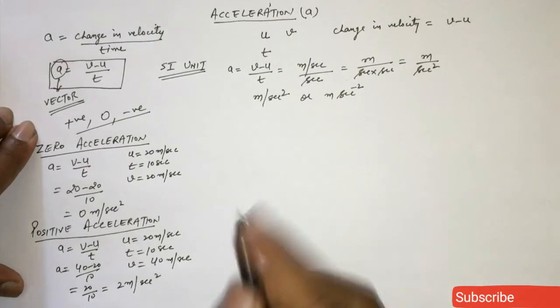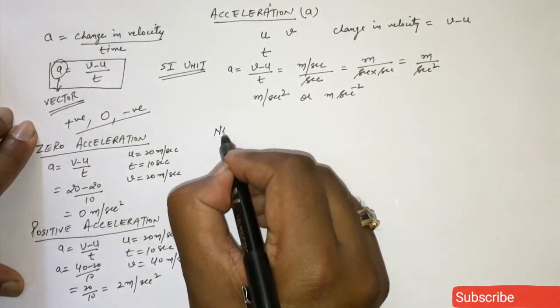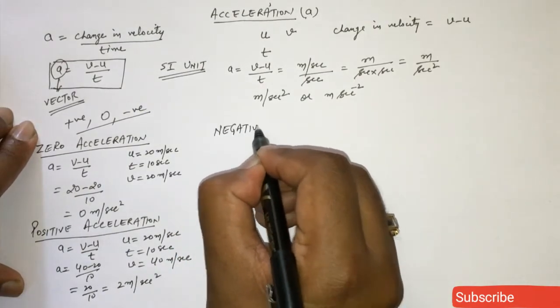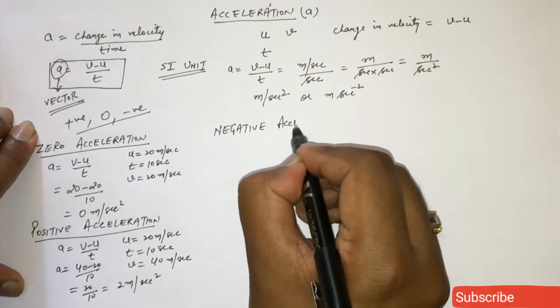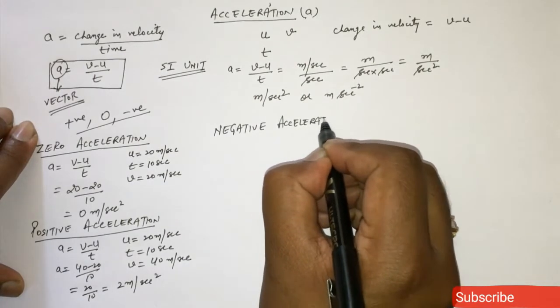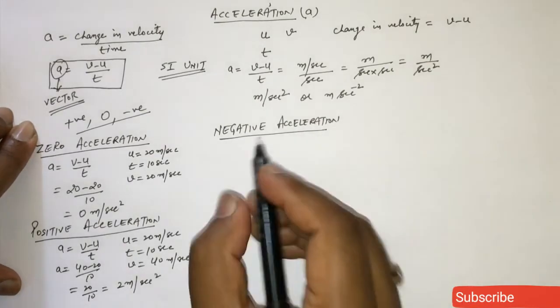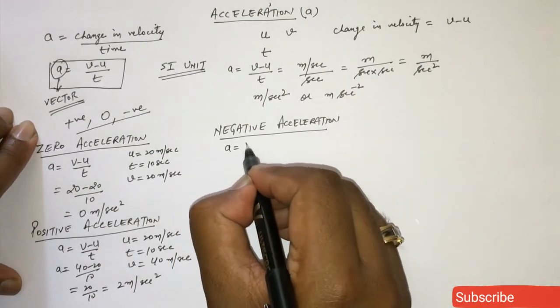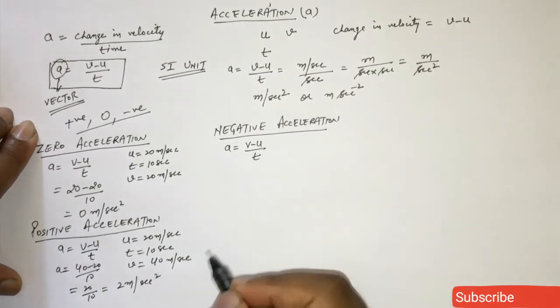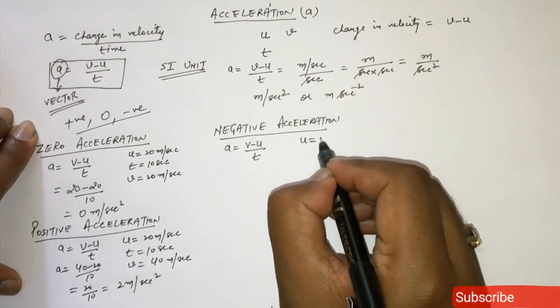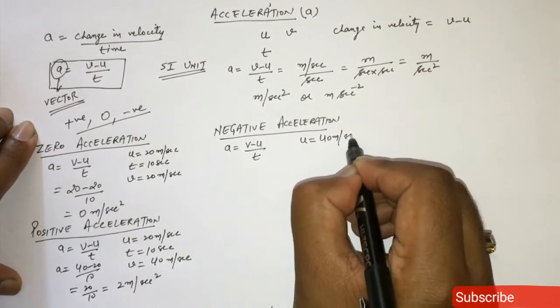Clear? Now the third is negative acceleration. Third case is negative acceleration. Now we have the formula A is equals to V minus U upon T. Suppose the body is moving initially with 40 meter per second.